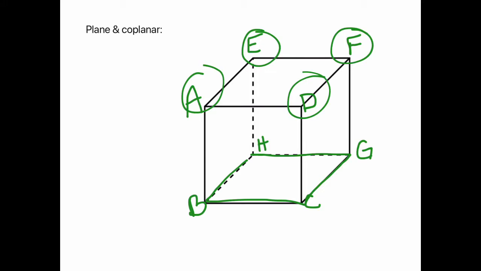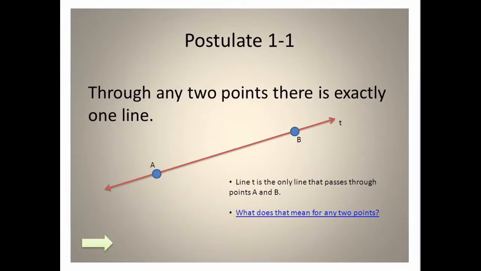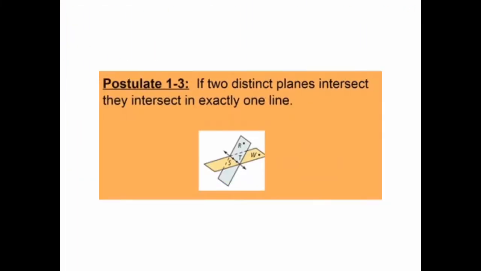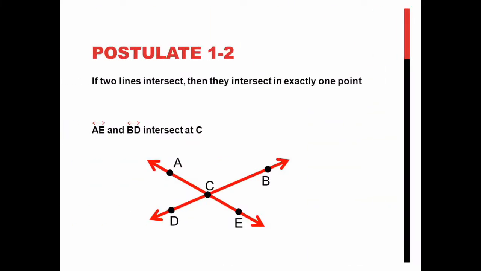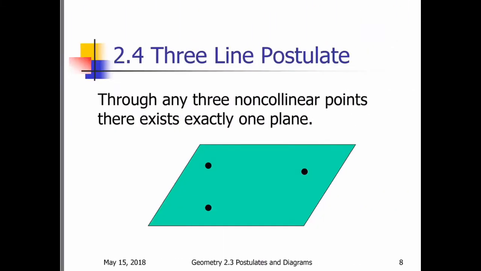What you'll notice is that where the 2 planes intersect, if I do this plane right here in yellow, which is on the right hand side, and then I do this plane right here in red along the top, what you'll notice is that they overlap right here, and that forms a line. So that's what that postulate says. If 2 planes intersect, they intersect in one line. If 2 lines intersect, they intersect in a point. 2 planes intersect, they intersect at a line.